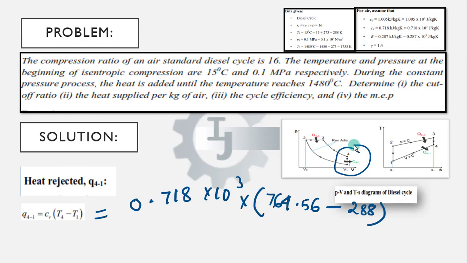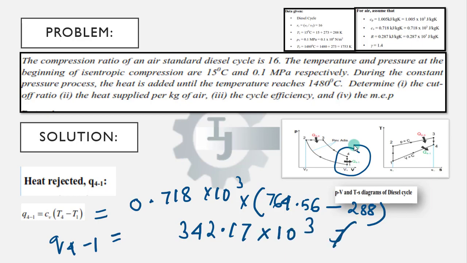By solving this, we got the value of Q4 to 1 equals 342.17 into 10 to the power 3 joule per kg.